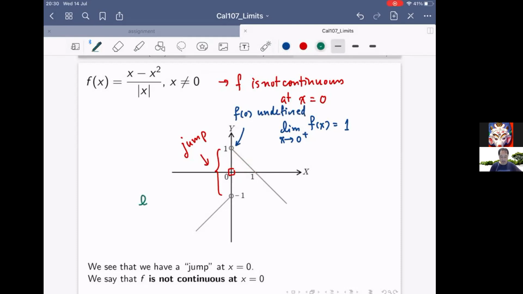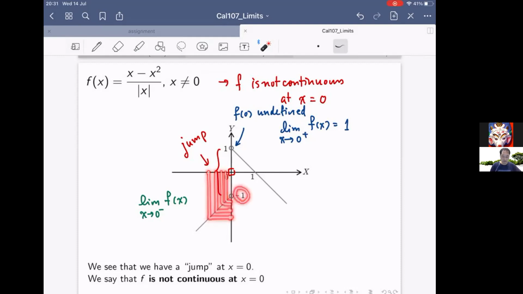On the other hand, if you want to find the limit as x goes to 0 from the left of this function, then we start from somewhere here. You look at the function value, and as your x gets closer, it is increasing, it keeps going up, and then it approaches what?